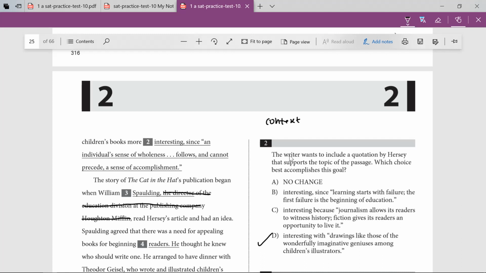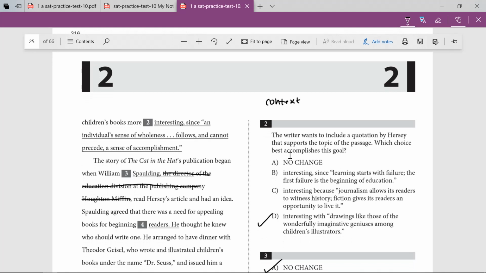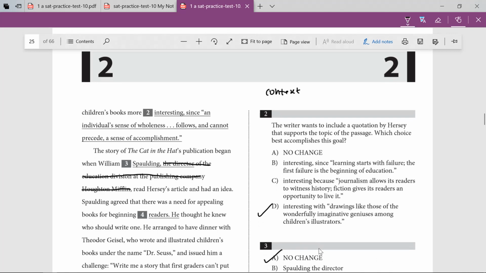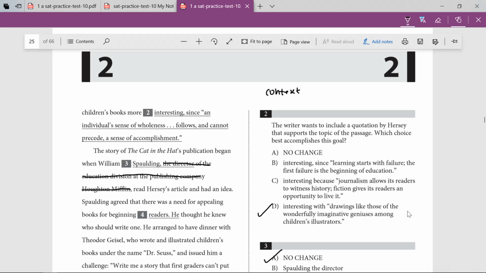Yeah, it was more of a context question where we have to understand the context. They wanted to make books as interesting as TV programs, so that's why interesting with drawings like those wonderful imaginative geniuses among children's illustrators. They wanted to make it as interesting as possible. Children's books more interesting with drawings like those.